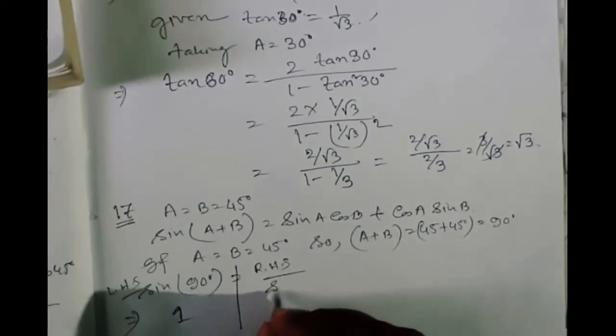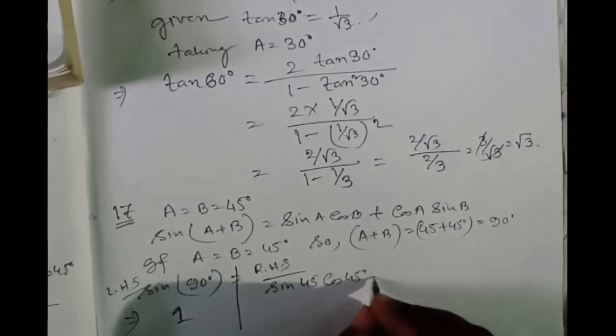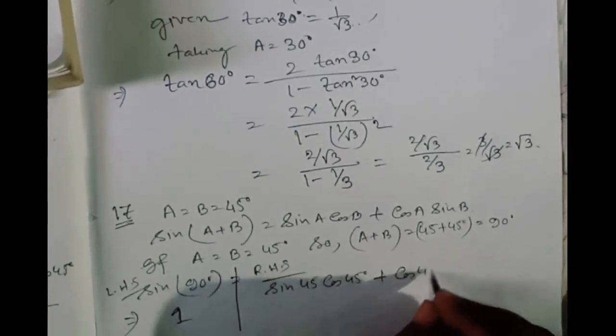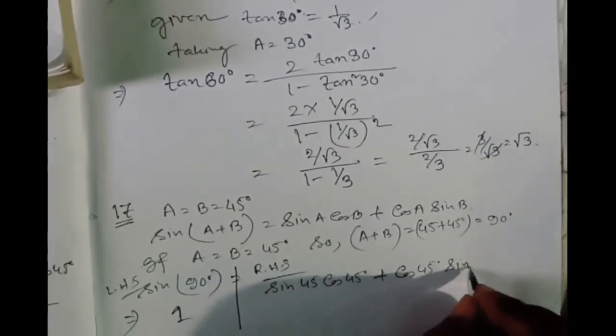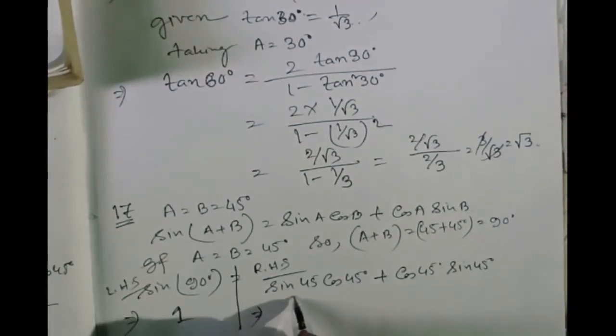RHS, this is sin 45 cos 45 plus cos 45 sin 45. Value of sin 45 is equal to 1 by root 2.